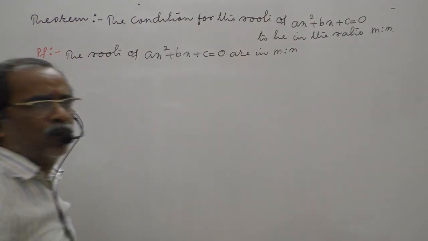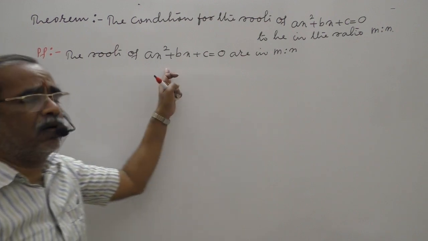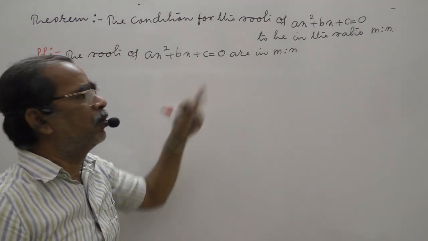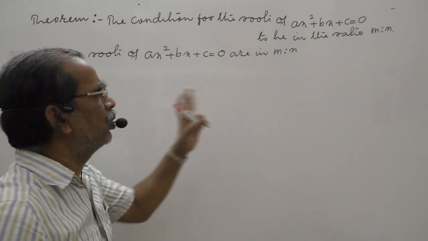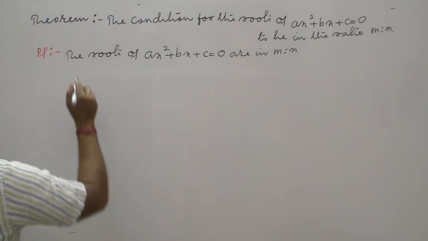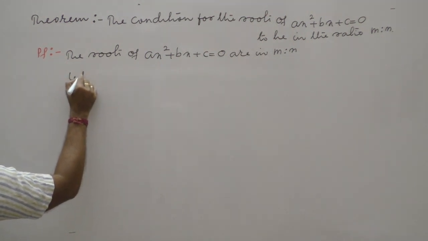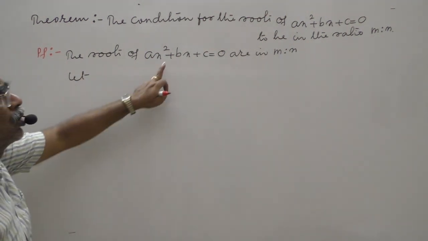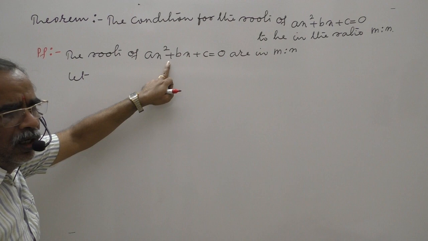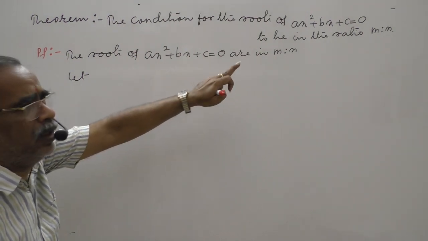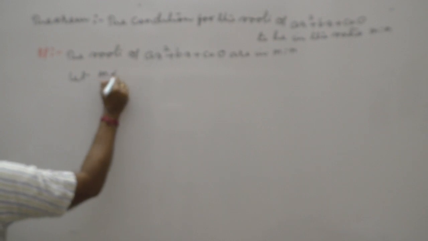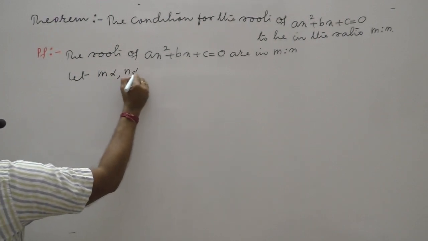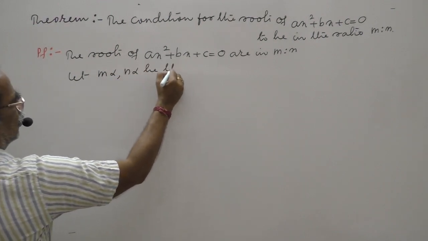So I am supposing that there will be two roots, and I am taking that the roots are in the ratio m is to n. I have to take two roots because it is a quadratic equation and the roots should be in that ratio, no? Therefore, let m alpha comma n alpha be the roots.